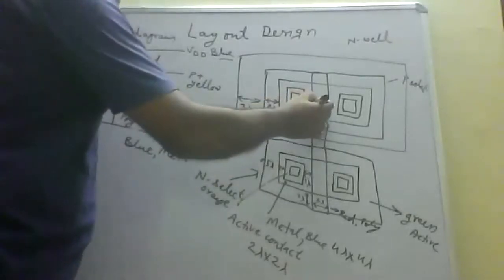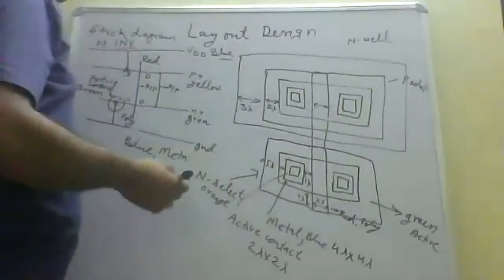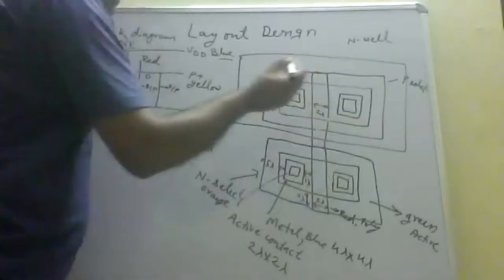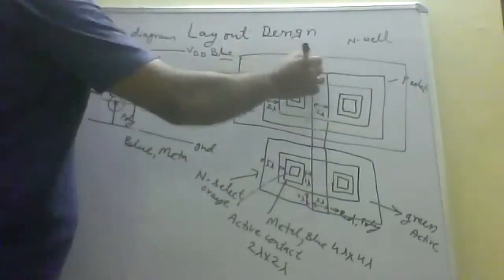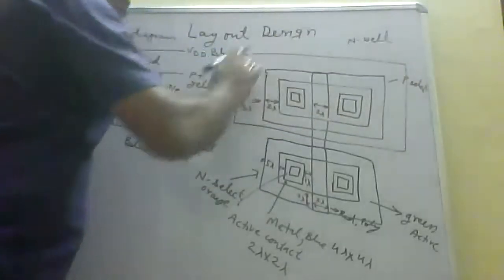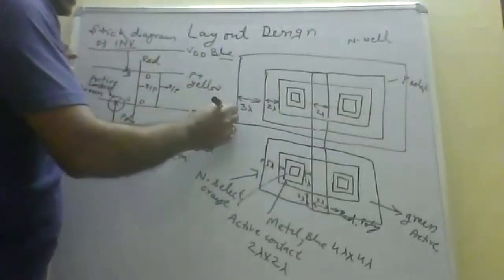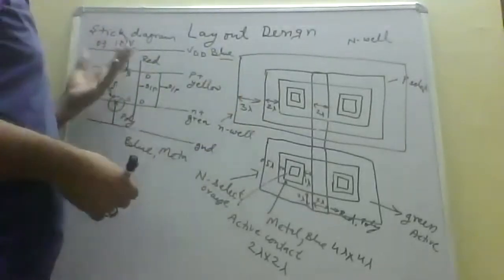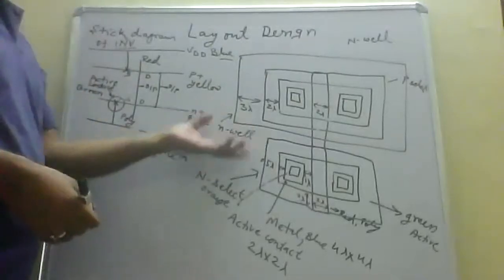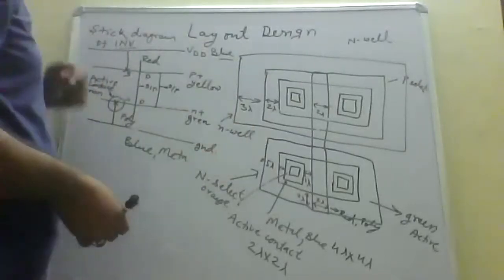The same rules will be there. This will be 2 lambda, and the overlap will be 2 lambda. And all together this N well is 3 lambda. And N well is the body of the PMOS. But here we don't show the body also.